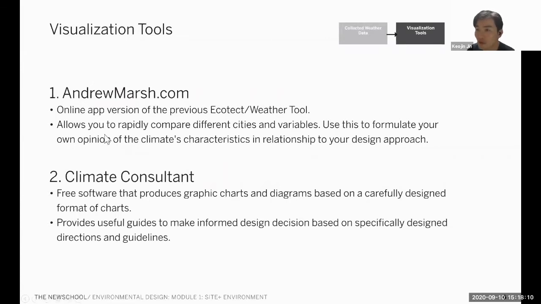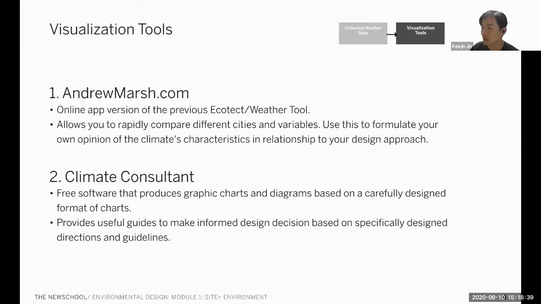First of all, we'll be using andrewmarsh.com. It provides an online app version of what was previously only approachable by using Ecotect and Weather Tool, and it allows you to look at the data while clicking through many different cities, comparing different locations and variables.